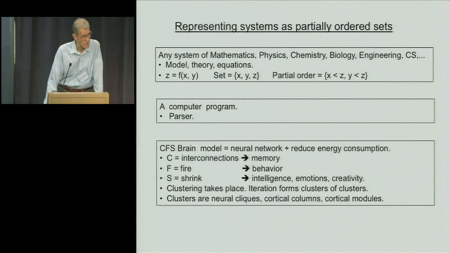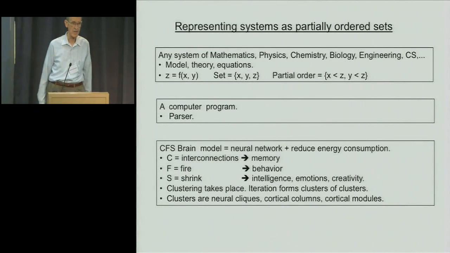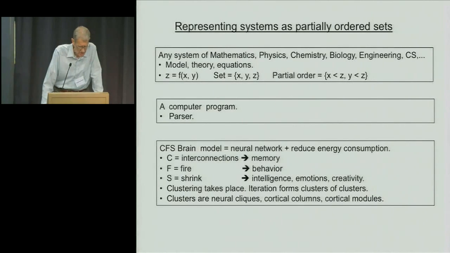Conversion of that equation to partially ordered sets is immediate. The set is X, Y, Z, and X precedes Z and Y precedes Z. Why? Because you can calculate Z without calculating X and Y. That's the whole conversion to partially ordered sets.